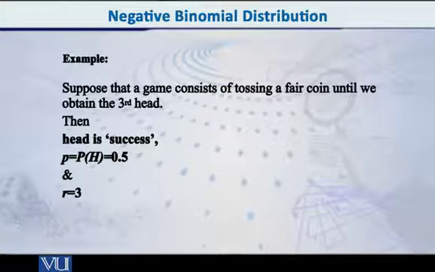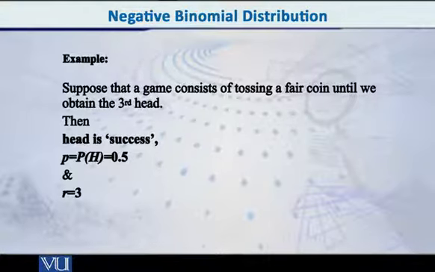So small p is equal to 0.5. And what about r? हमने क्या कहा कि suppose that a game consists of tossing a fair coin until we obtain the third head. So therefore r is equal to 3.